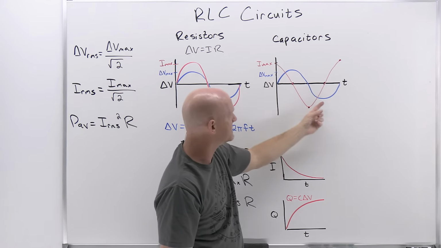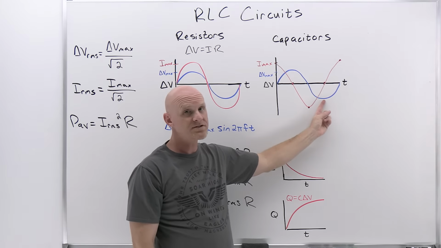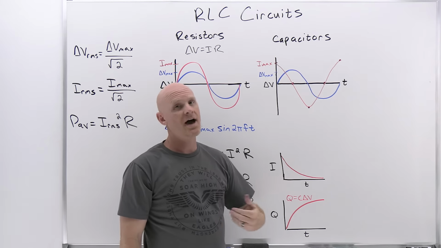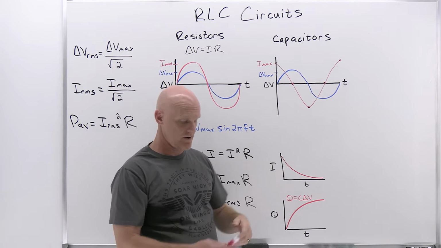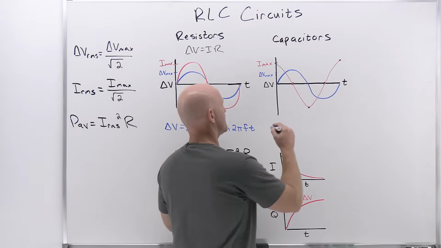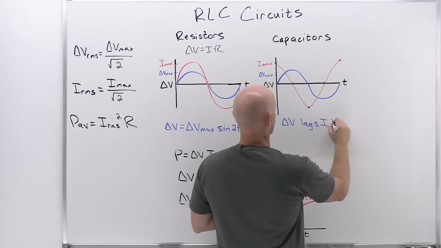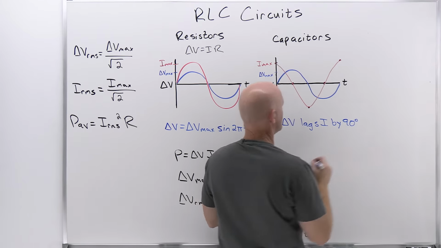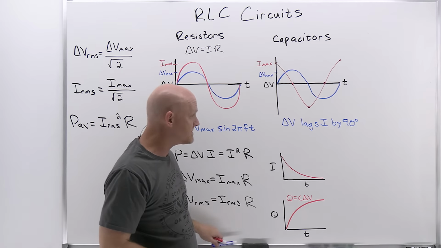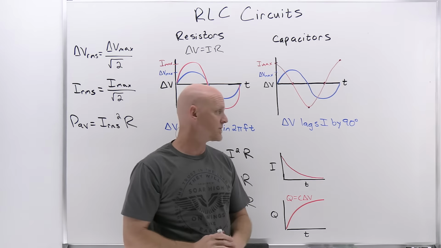And then it drops down to its maximum in the opposite polarity. It's like, oh, the current was already at its maximum in the opposite direction a little while ago. And so what we say here is that the voltage lags the current, and we say by 90 degrees, by a quarter of a wavelength, if you will, a quarter of 360 degrees.